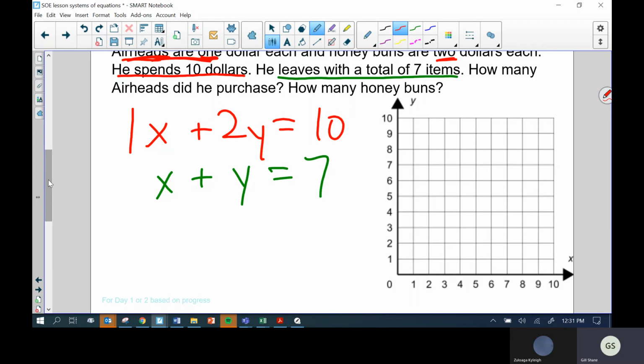So if I cover this up, I need to divide by 2, right? Because I want to solve for y. So I cover this up. 2 divided by 2 cancels out. 10 divided by 2, I get y equals 5. So 5 goes right there on the y-axis.